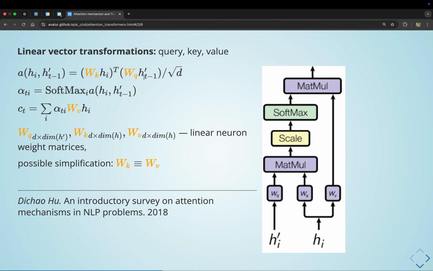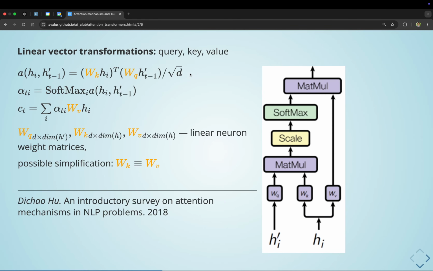Then we multiply h prime from the decoder by W_q, and q is for query. So query, key, value: three different weight matrices. And then we take the dot product of the results of this multiplication.